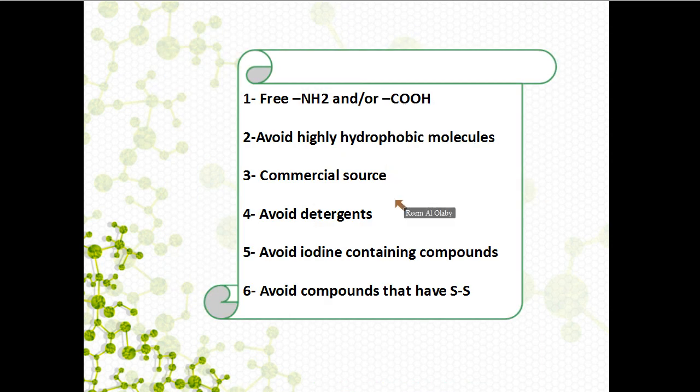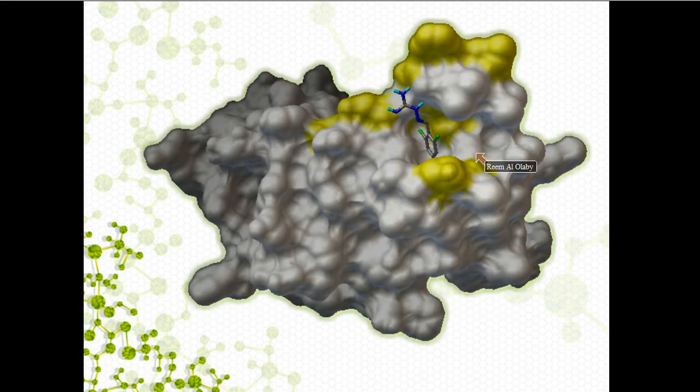And this shows certain selection criteria that should be considered when we choose ligands to be incorporated into the shell. We simply need a ligand with a free amino or carboxyl group in order to be able to link the two or three ligands together. So how do we link them? We will see later on.